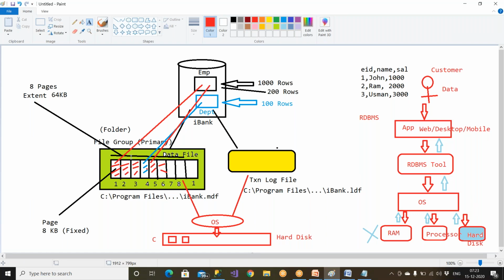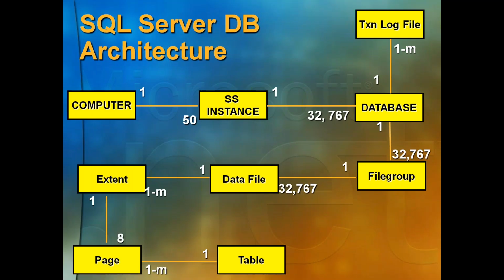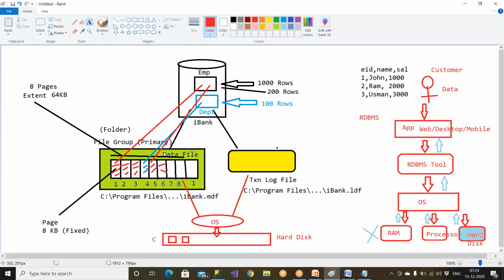These pages are part of an extent. Table data in a page is part of an extent, is part of a data file, is within the file group, within the database, which will be part of a SQL setup. The setup is available in your computer if you do the reverse engineering. Clear, guys? So always you need to understand.